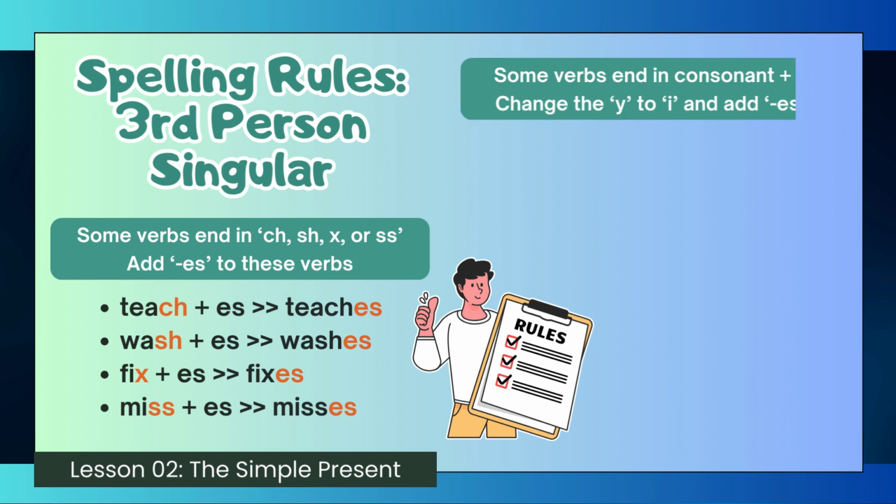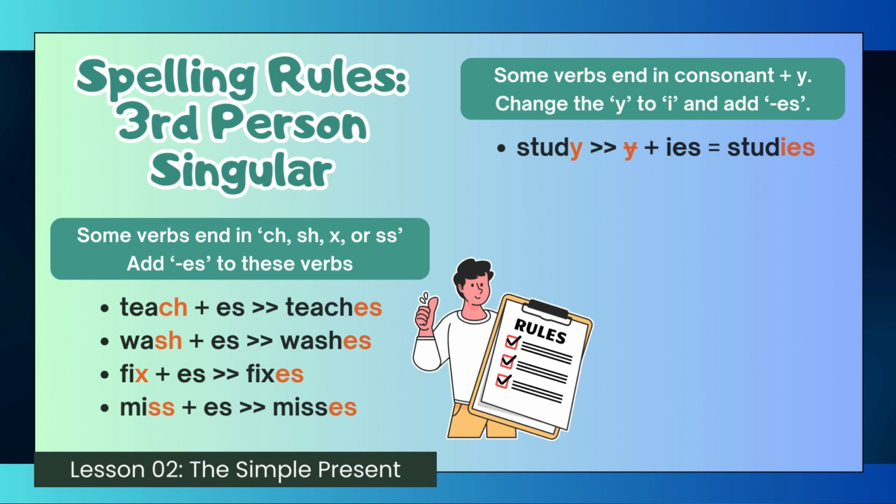Now remember, some verbs end in consonant y. In this case, we need to change the y to i, and then we add es. For example, the verb study ends in a y. Therefore, we need to change the y to an i, and then we add es to it.